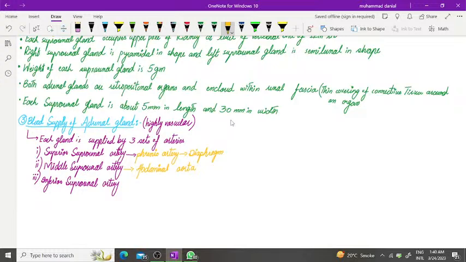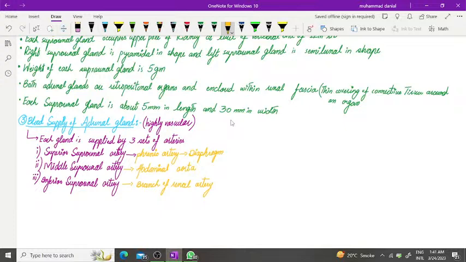And the inferior suprarenal artery is the branch of the renal artery, the artery which is going to supply the blood to the whole regions of the kidneys.